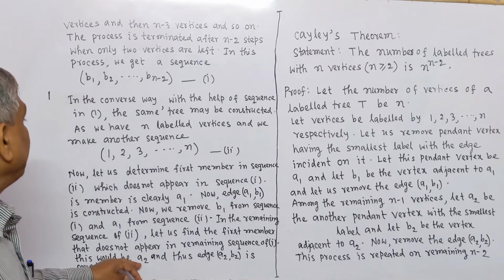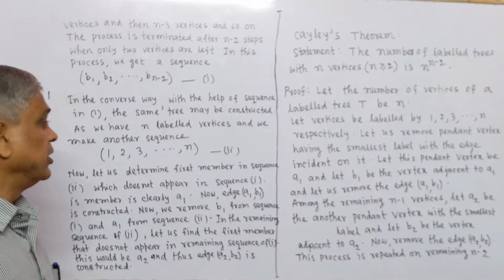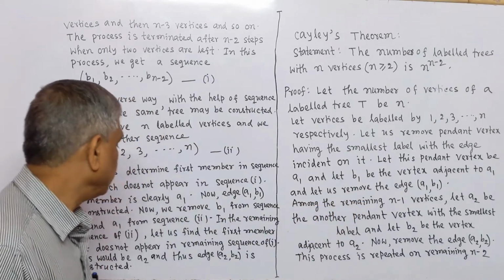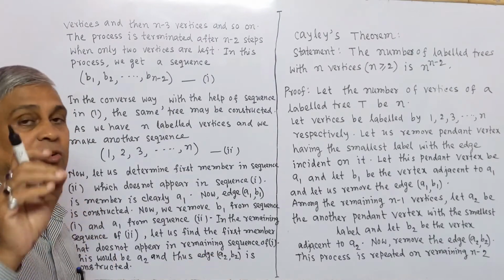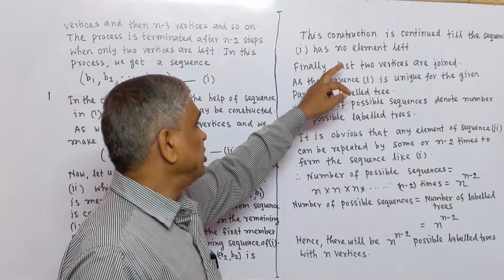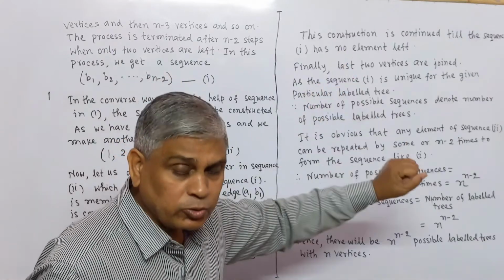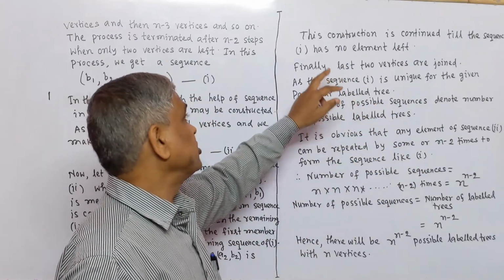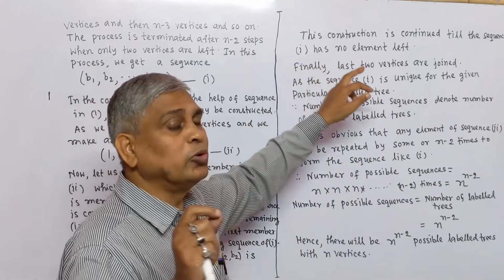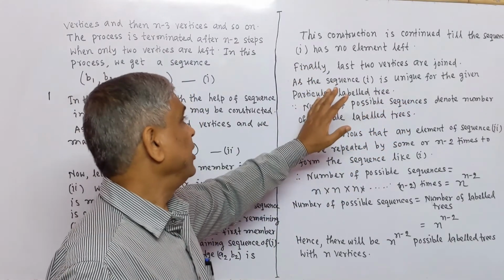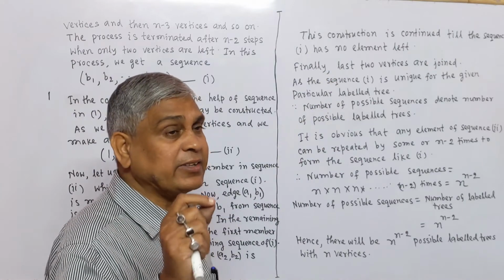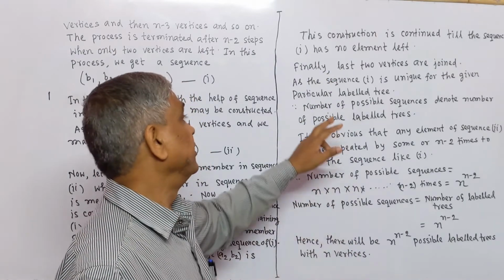This would be A2, and the edge A2, B2 is constructed. This construction is continued till sequence 1 has no element left. Finally, the last 2 vertices are joined.